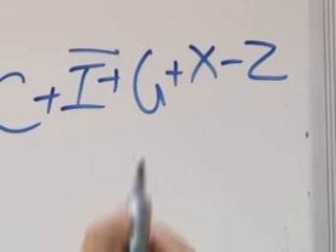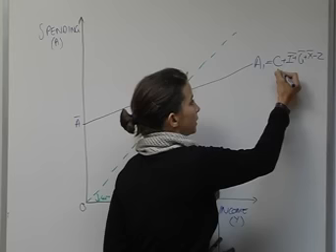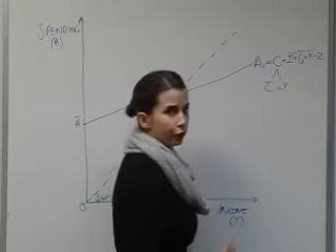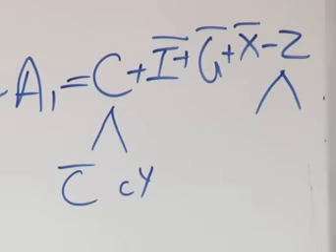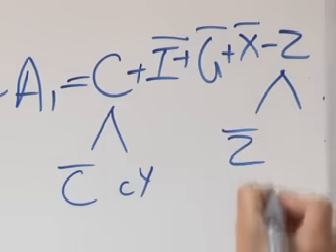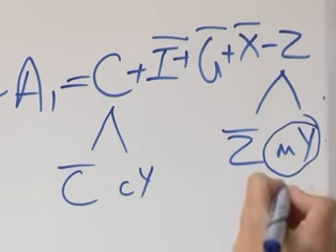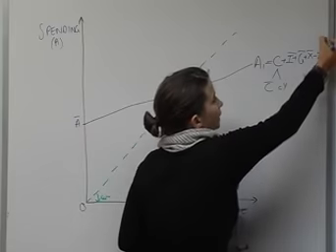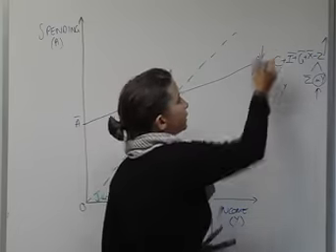Investment, government spending and exports are autonomous. Consumption has an autonomous part, but also an induced part. We are very interested in imports in this question because they also have an autonomous part and an induced part.